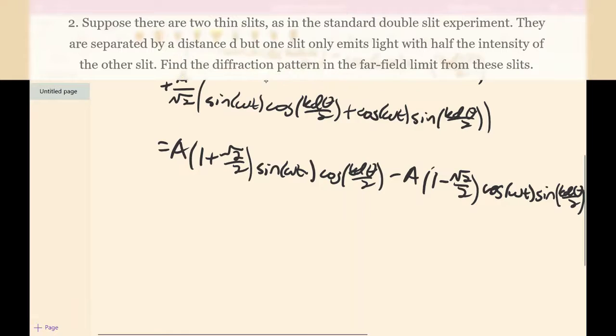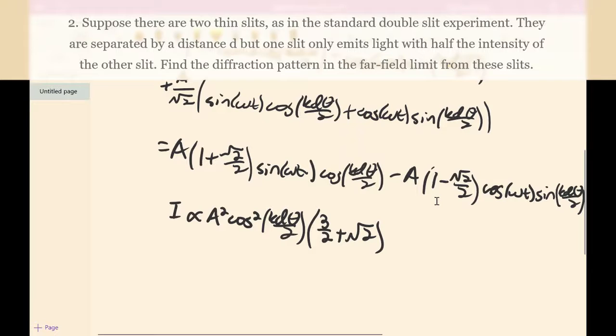And so then I is proportional to A squared cosine squared k d theta over 2, and we're only taking the average of this. Oh yeah, I forgot, there should also be multiplied by 1 plus root 2 over 2 squared, and that would be 3 over 2 plus root 2, I believe.